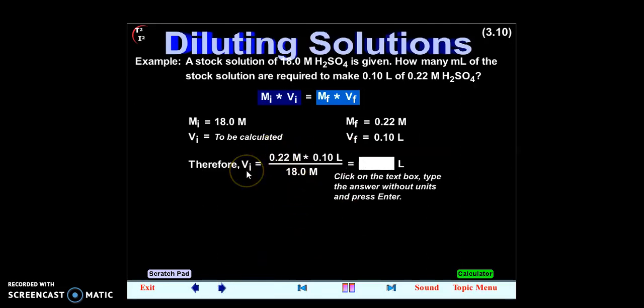So your initial volume now is 0.22 times 0.10 over 18. Once you do that, everybody get your calculator and work it out.